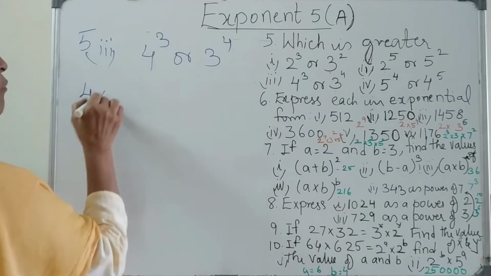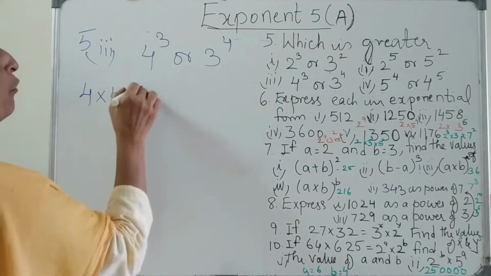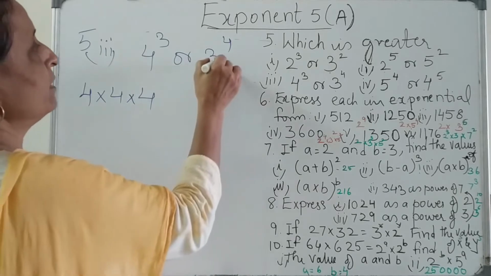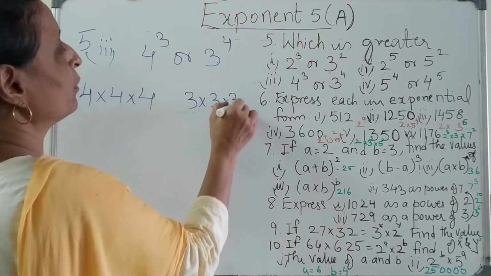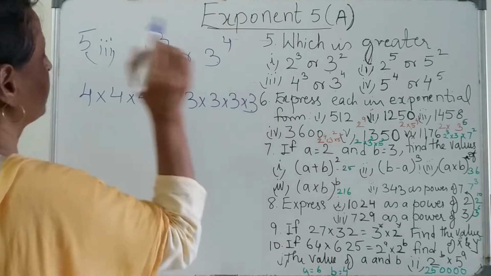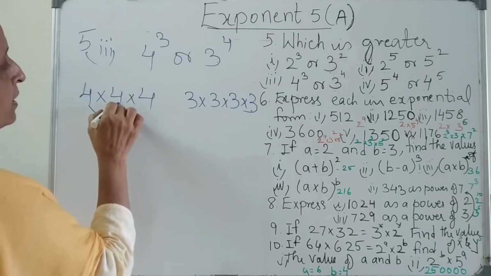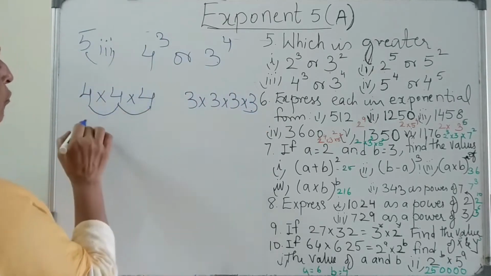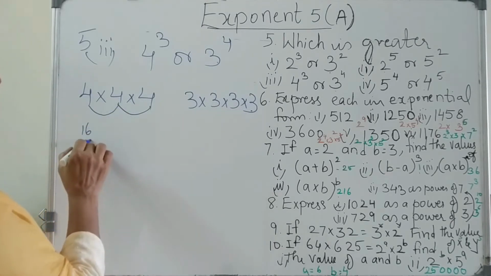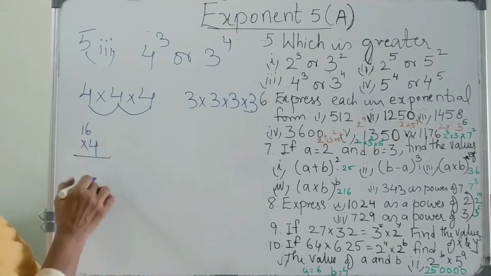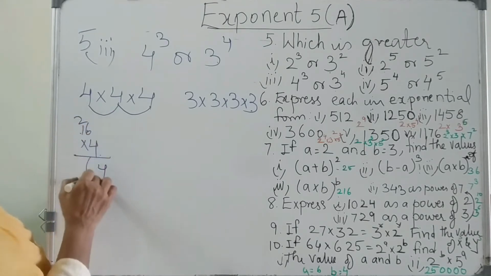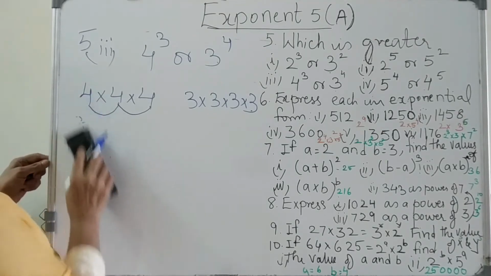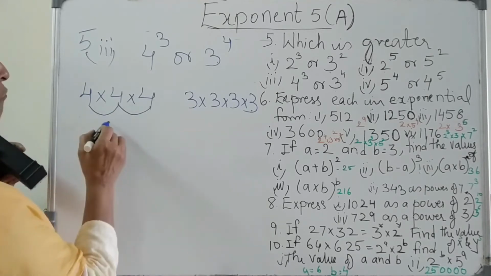Again you write 4 into 4 into 4, 3 times, and 3 into 3 into 3 into 3, 4 times. Now 4 4s are 16, 16 4s are 64. So this is 64.